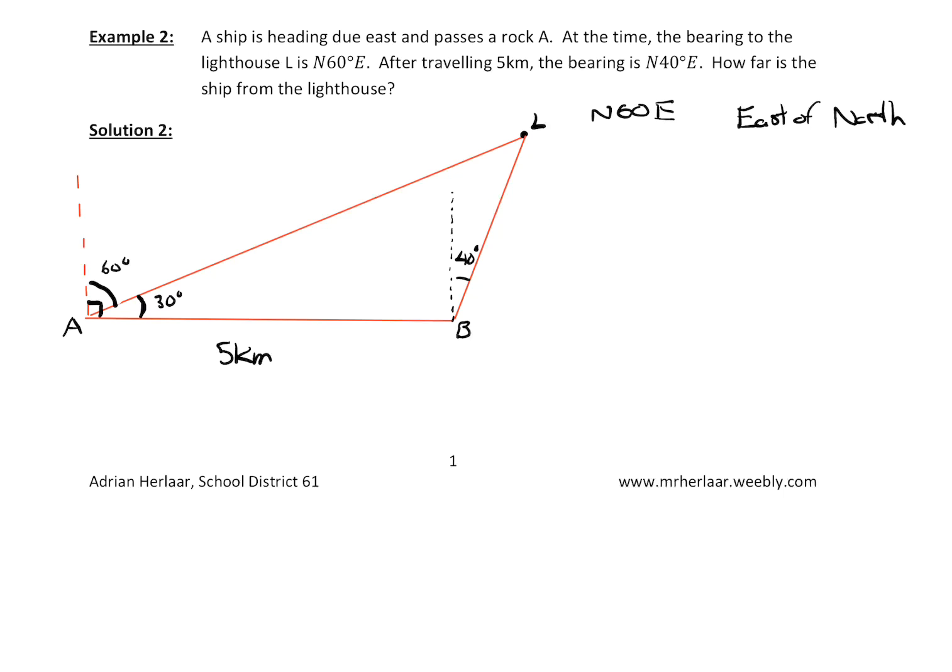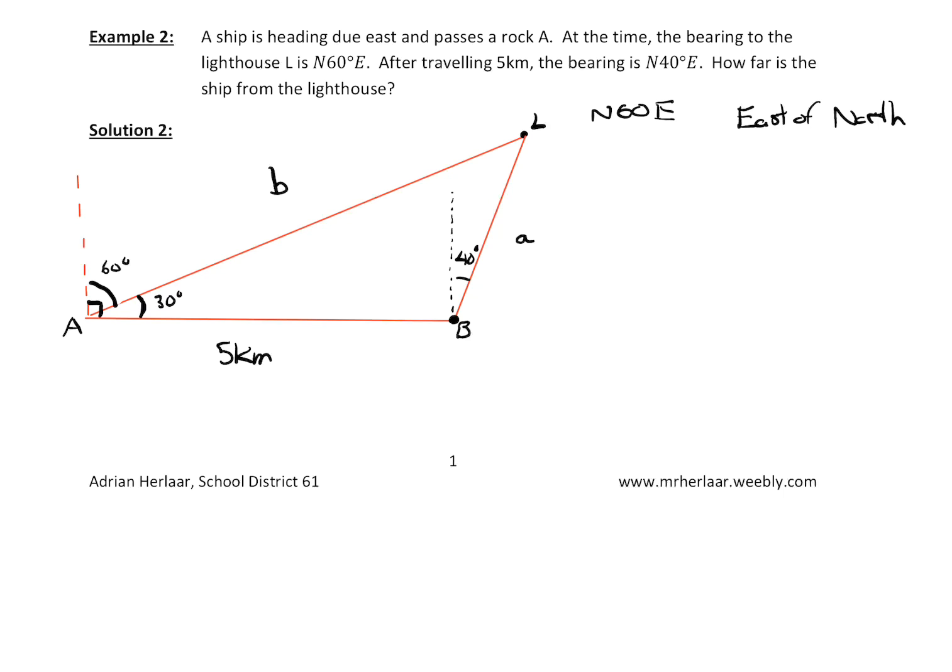So do we have enough information? What do we need to know? We need to know how far is the ship from the lighthouse? Right, well, where is the ship right now? The ship has gotten to here. So we need to know length A. We don't know length B, right? And we know that length L is 5 kilometers.